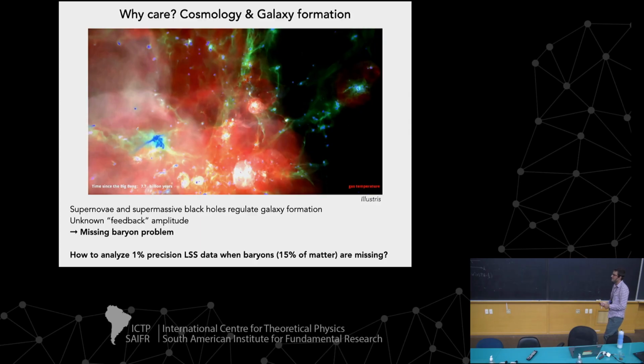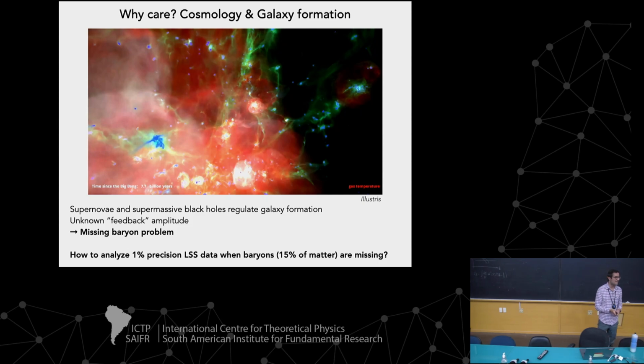The challenge here is that we're going to have cosmic shear, so galaxy lensing measurements from experiments like Euclid, Rubin, or Roman observatories. These are going to be basically percent precision measurements of lensing. But the baryons are 15% of the total matter. So if you don't know where 15% of the matter is, you're going to have a hard time modeling percent precision data in lensing.